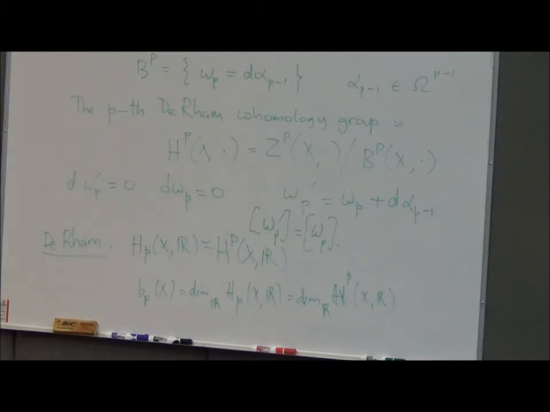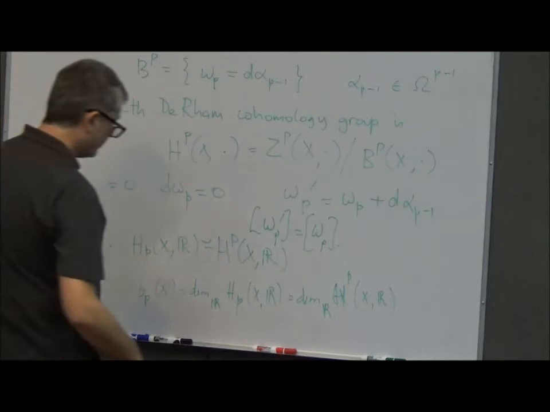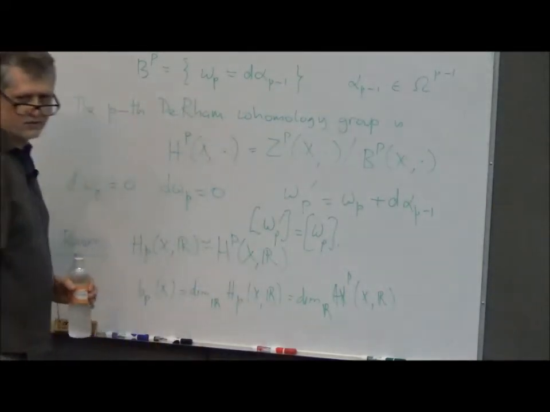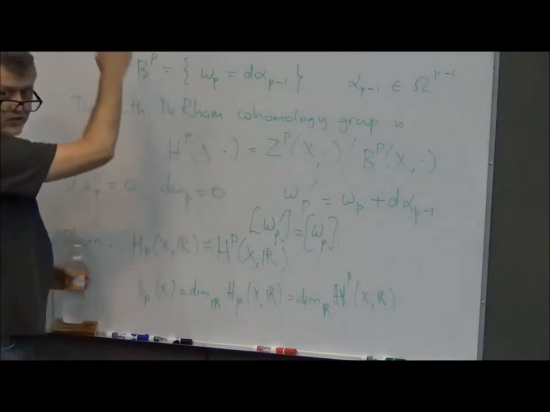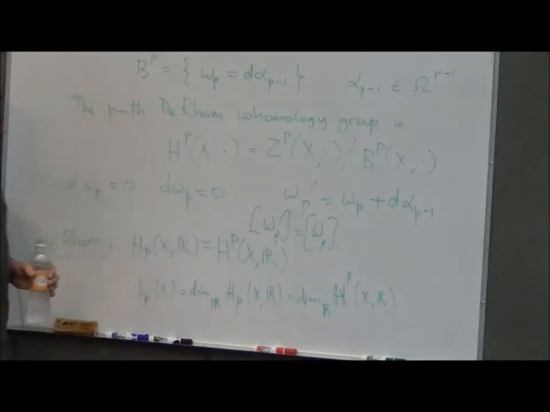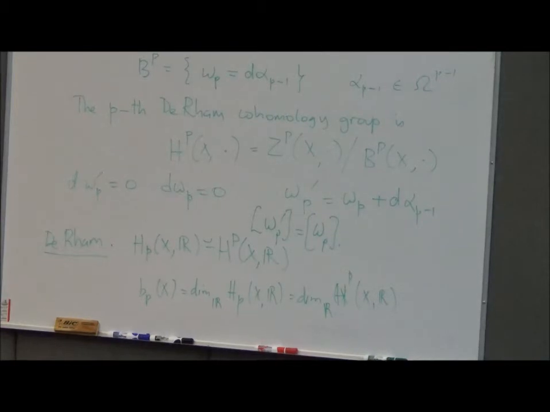Every new structure that you put into a manifold can either be a dud, a waste of time, or it can allow you to refine things and learn more about stuff. I mean, here, even though I was using smooth manifolds, I was insisting that this thing is really a topological object, whereas this really requires a smooth structure. I don't even know what d is unless I've got a smooth structure. So I'm really saying that I can use the smooth structure to tell me something about the underlying topological space.